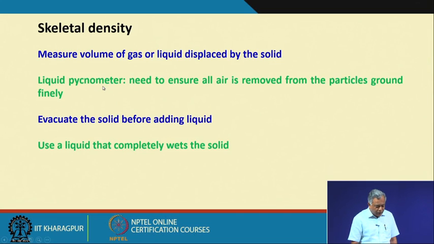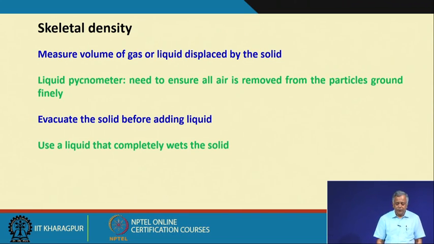One technique is called liquid pycnometer. You need to ensure all air is removed from the particles, that means there is no air entrapped. Then you are taking not a single 10 micrometer particle, you are taking maybe 100 grams of these particles, but before that you have to ensure there is no entrapped air.